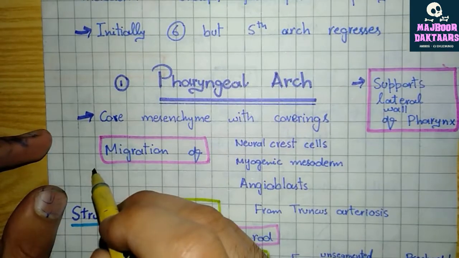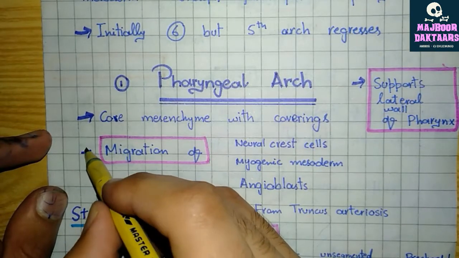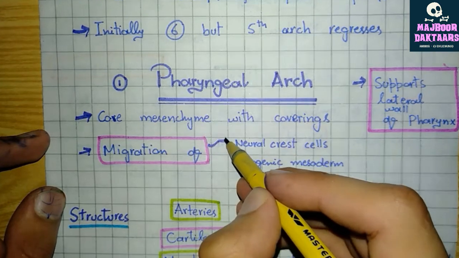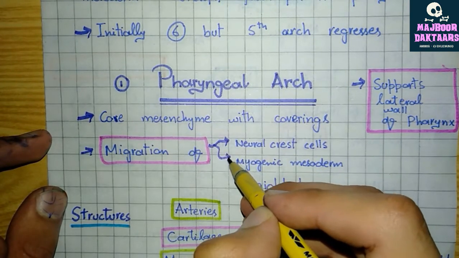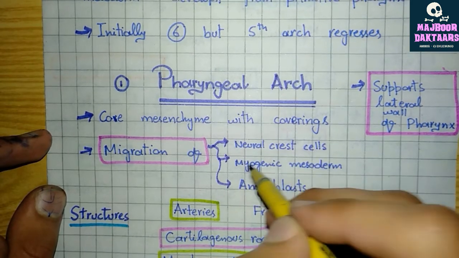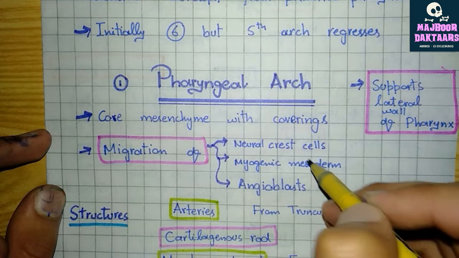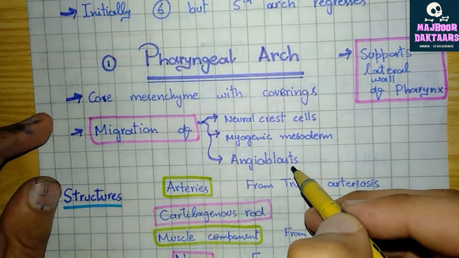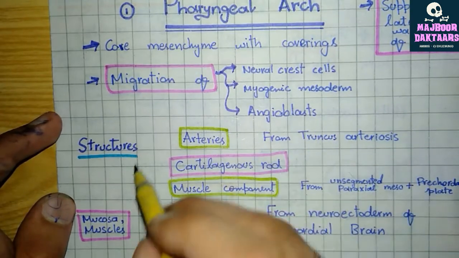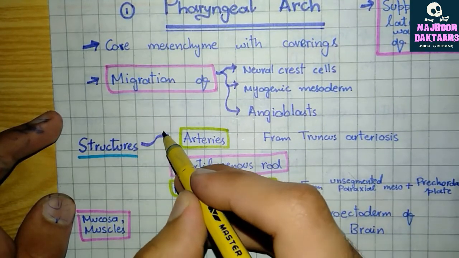In the primitive arch, the migration of several cells occurs, that is neural crest cells, the myogenic cells, and the angioblasts. These cause the formation of nerves, muscles, while the angioblasts cause the formation of vessels. Now each arch has some structures in it, which includes the arteries.